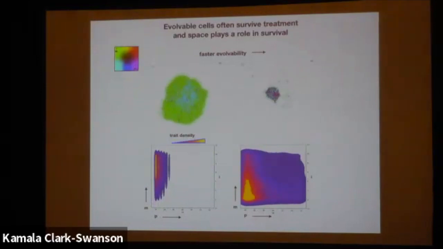What's interesting here on the right is that eventually you do have this coexistence between fast proliferators and fast migrators. I think it's something similar to what David was showing, where you have a little protection. So these cells move out and provide a little refuge for proliferators to move in, and it grows that way.